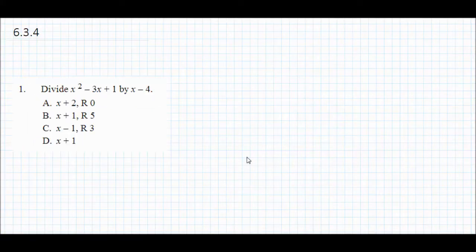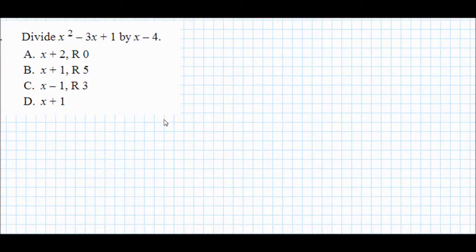So let's work this one together. Divide x squared minus 3x plus 1 by x minus 4. Well, the first term will be x.